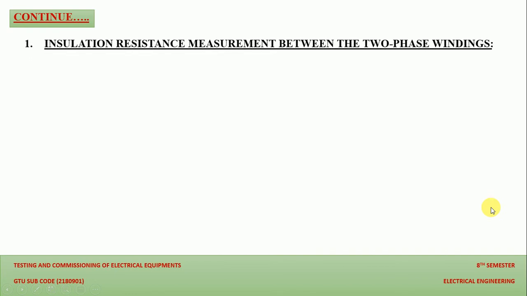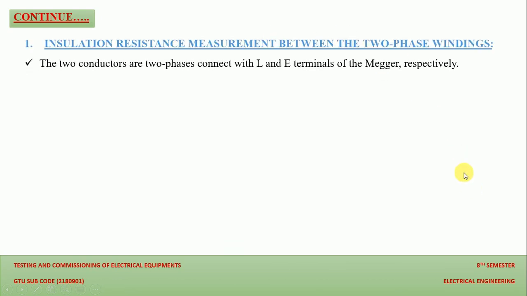So let us discuss how it can be measured with the help of the Megger. As we have discussed, we can measure between two phases, and we can measure between the live wire and the earth. Let us discuss the first point: insulation resistance measurement between two phase windings. The two conductors are the two phases, which are connected with the L and E terminals of the Megger.